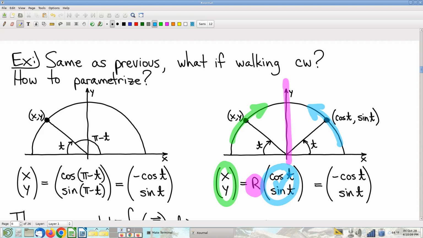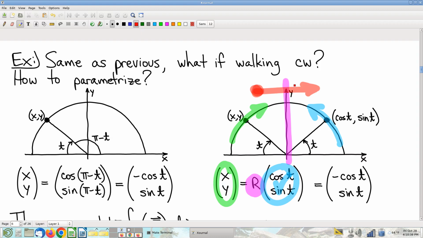This is clever, right? You'd be surprised how often something like this is going to kind of fall in your lap. The thing that you want, the parameterization going that way, all of the points as you go along that way are literally exactly reflections over the y-axis of the parameterization you already have. And we know how to do reflections, right?